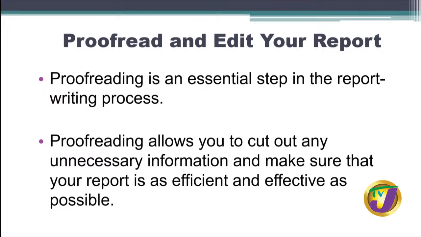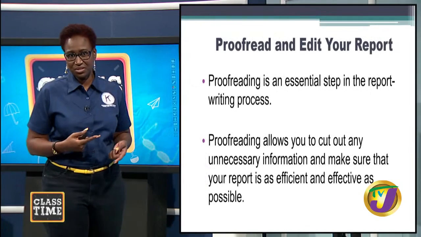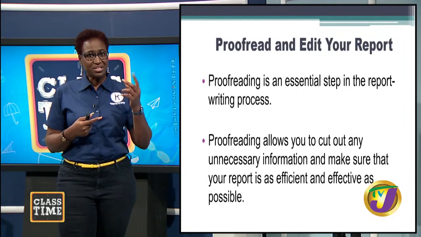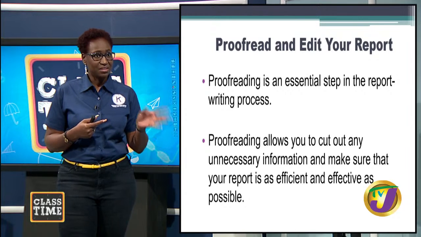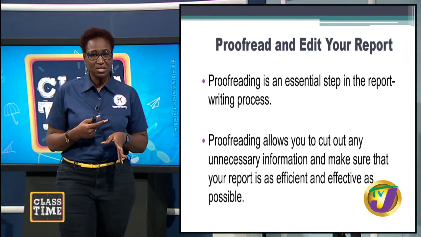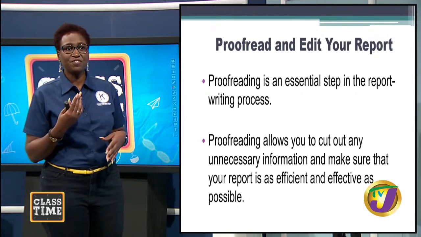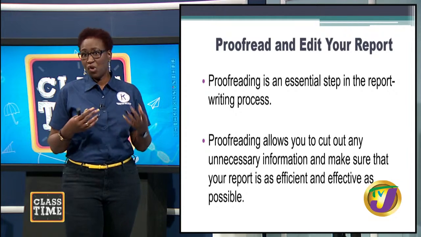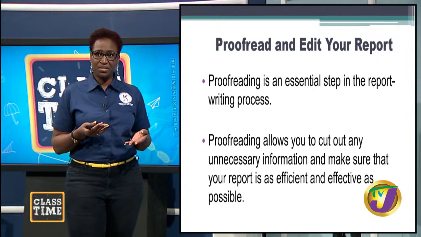Of course, if you're going to have a report, you need to proofread it, you need to edit it. You cannot have any kind of report and submit it when you haven't read it over, you haven't made your necessary corrections. So you need to ensure that you read it carefully. Put it aside and then read it later if so be the case. But you need to ensure that it is free from any type of grammatical errors, structural errors, formatting errors, whatever the case may be.